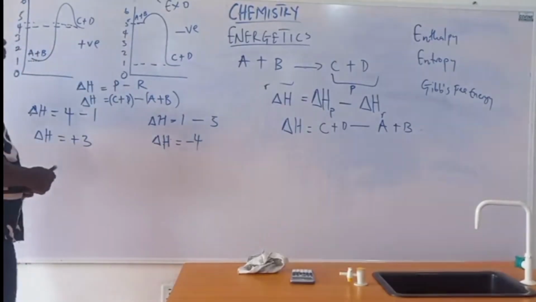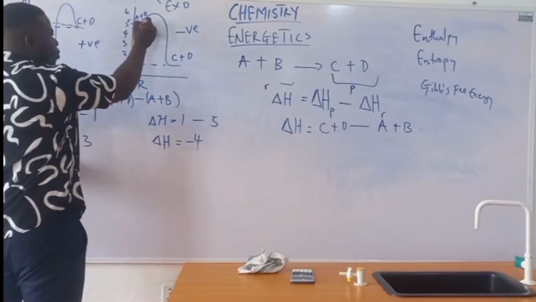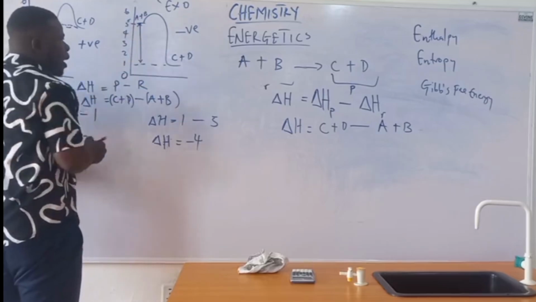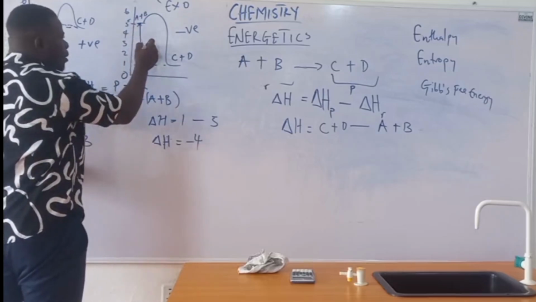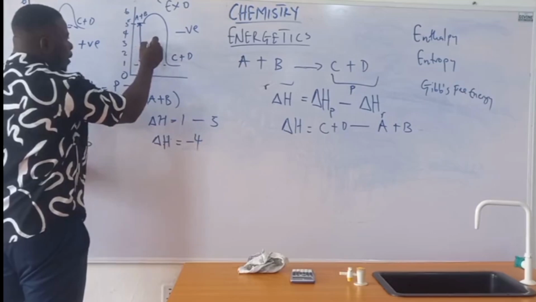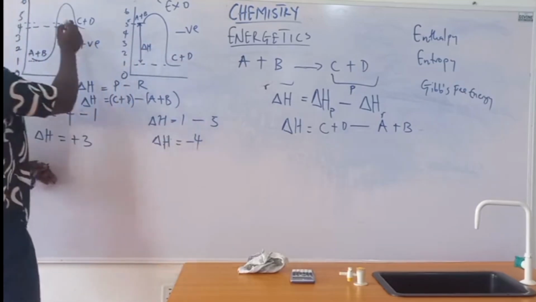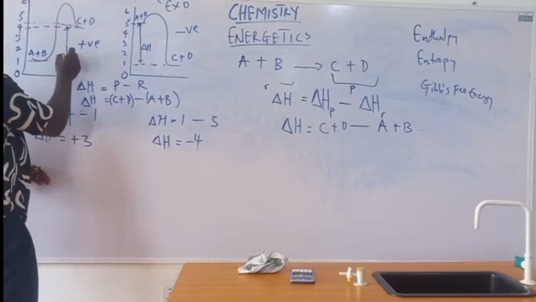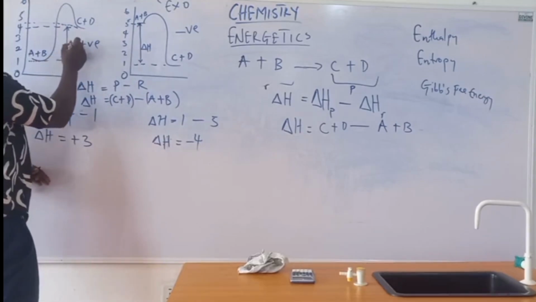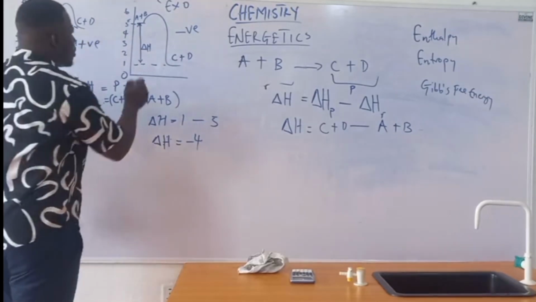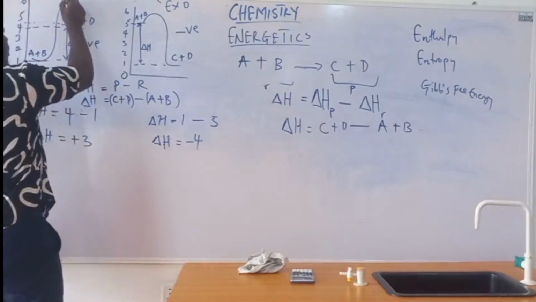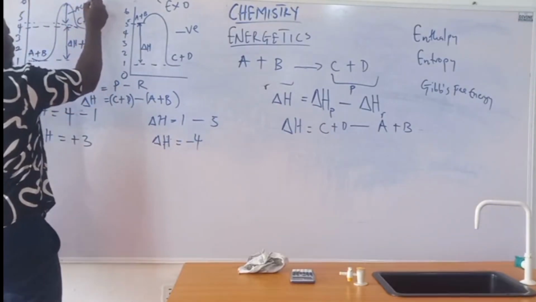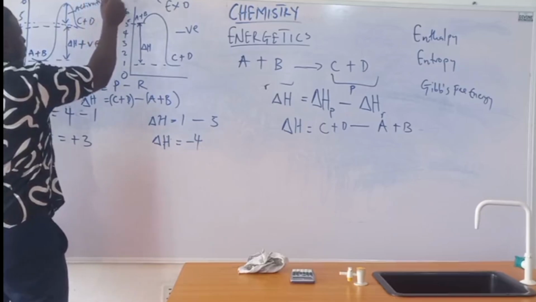Right? Now, the difference between here and here is known as delta H. The difference between here and here is known as delta H. Then the difference between here and here is known as the activation energy.